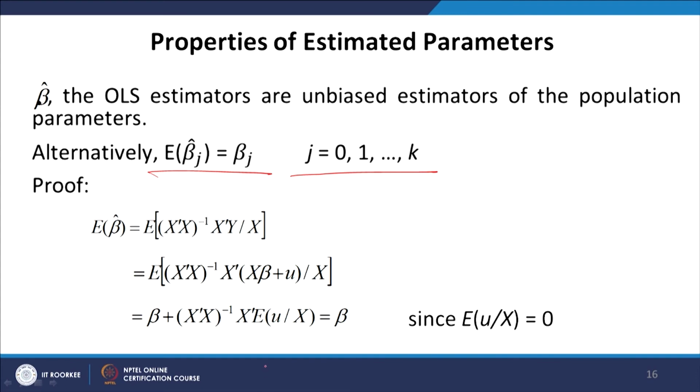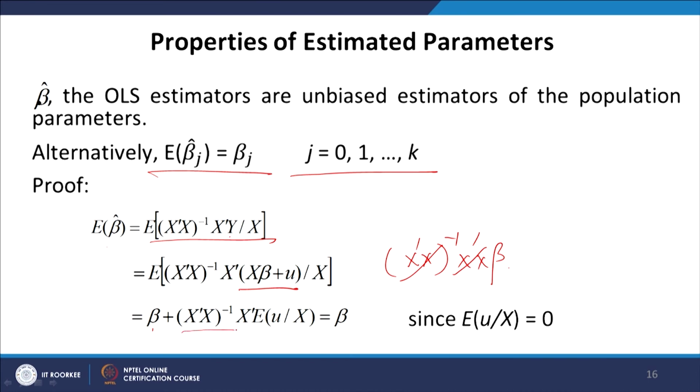Now, we prove it: expected value of beta hat is expected value of x prime x inverse x prime y conditional upon the values of x. Now, y can be expanded as x beta plus u. Further expanding it, I will have x prime x inverse x prime x beta. So, these two terms cancel out and I am only left with beta plus x prime x inverse x prime u, which remains here.